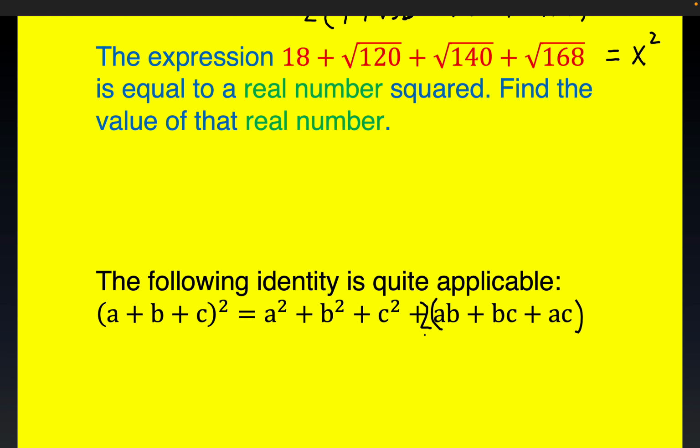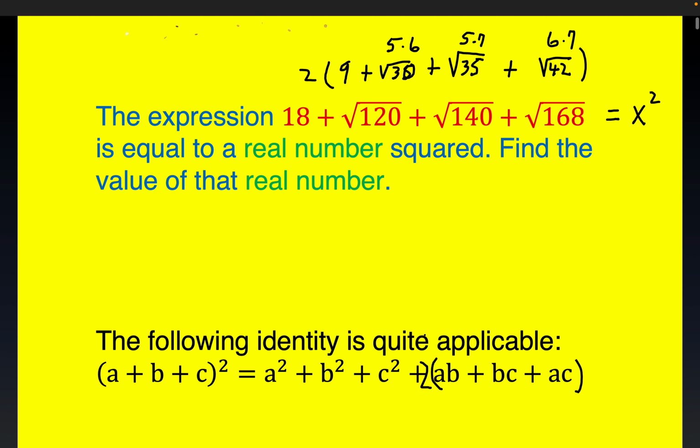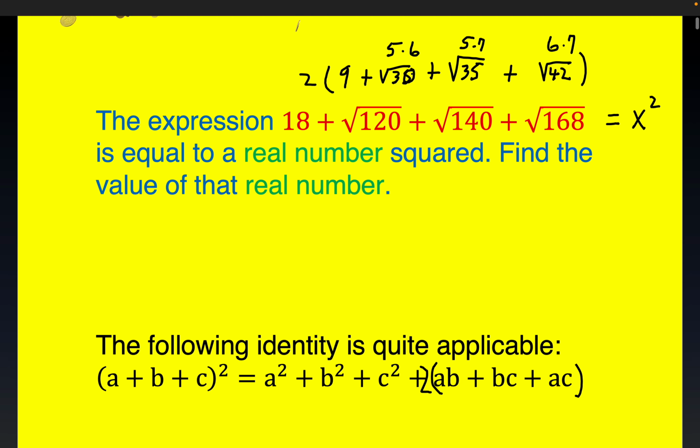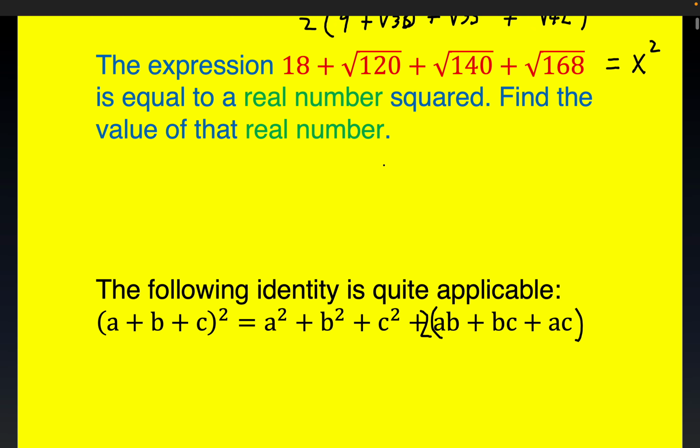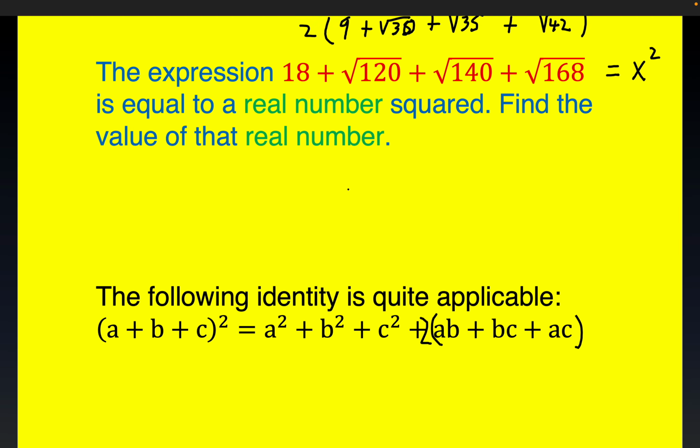So this identity really comes in super handy right here, because based on what we see up here, you can consider the square root of 5, the square root of 6, and the square root of 7. Okay, and so our number up here, I'll just write it above: if you take a equal to root 5, b equal to root 6, c equal to root 7.